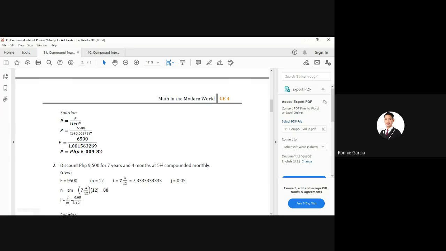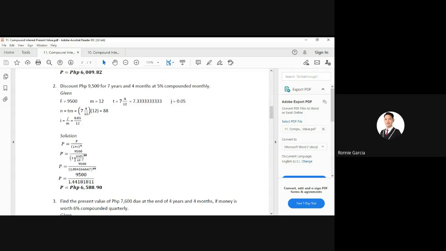Thank you. For I, we have the quotient of J and M, 0.05 divided by 12. Again, that is a very long value if you can see it in your calculator. I did not write it here; I added it directly to the 1, because the denominator is 1 plus I. In your calculator, after adding 1, you should get 1.0041 with many digits, 6 then 7, to the power of 88.